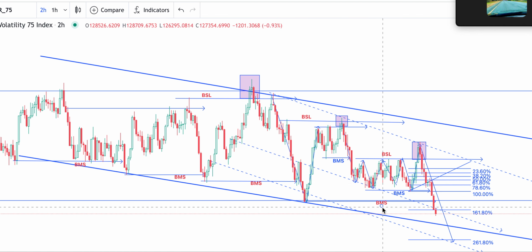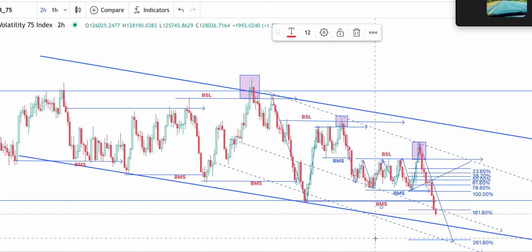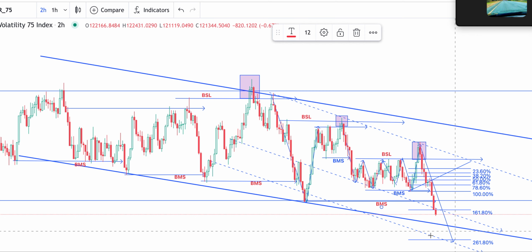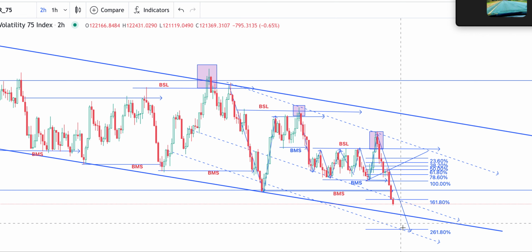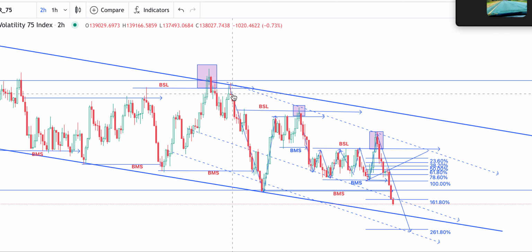This is going to be more bearish still. So if it touches that bottom there, it can impulse nicely also, but it's going to be against the trend.